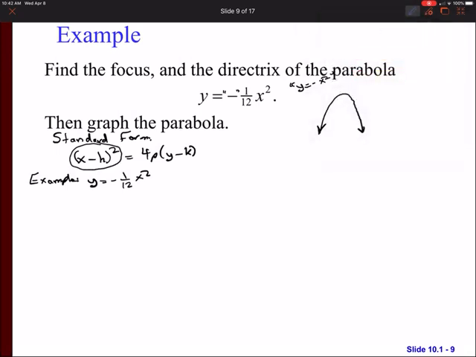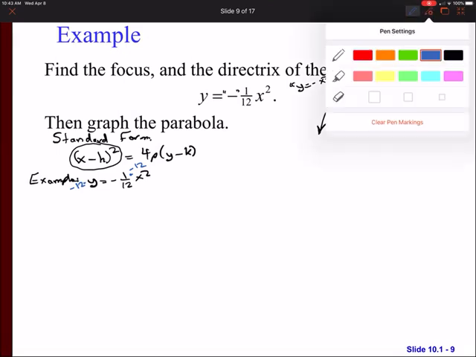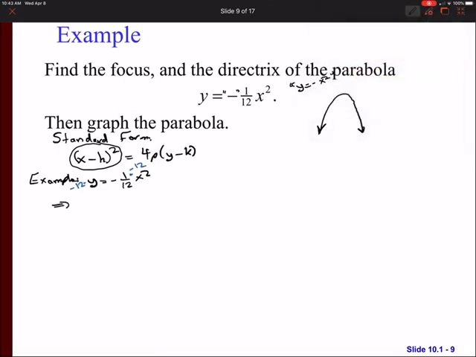So let's do that, in a different color. I'm going to get rid of the coefficient, so let's multiply both sides by negative 12. As we do that, we get negative 12y equals x squared.